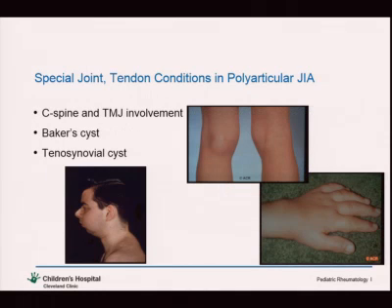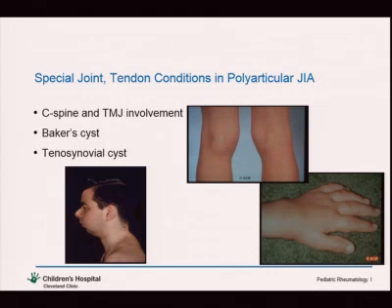Some other joint manifestations that can occur in JIA, you can see on this young man, there's retrognathia, so his mandible is recessed, and he's had issues with TMJ arthritis. C-spine involvement, you could imagine him having difficulty extending his neck. Baker's cysts, there are synovial cysts that typically develop behind the knee in the popliteal area, and they can sometimes be palpated or seen on ultrasound.